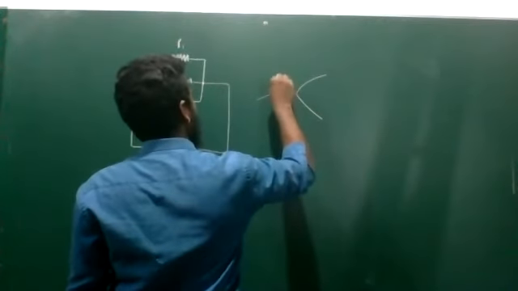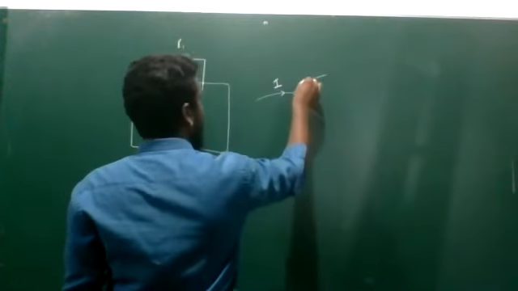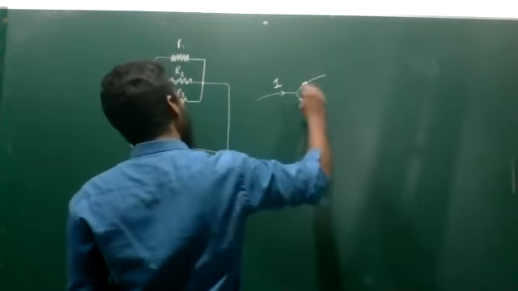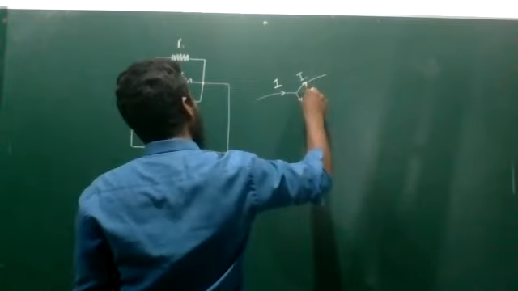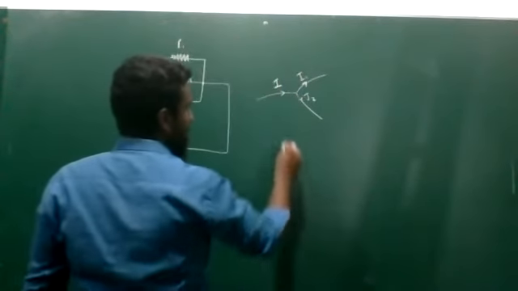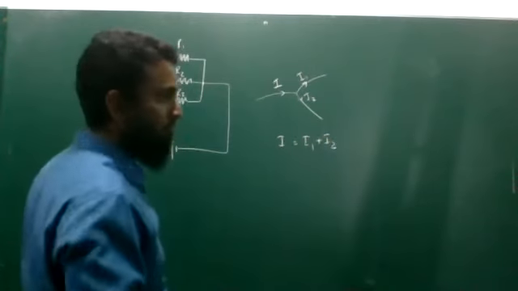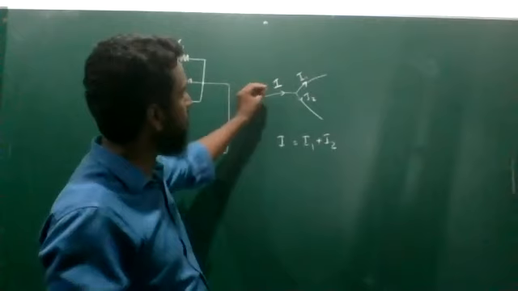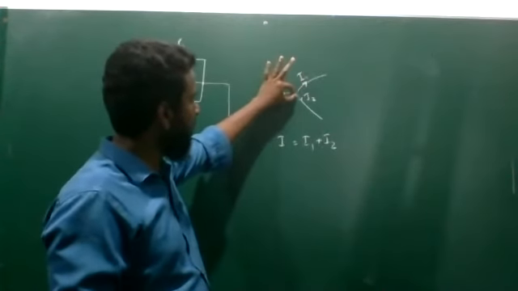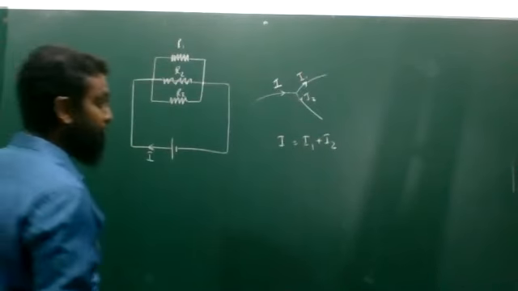That is, if a current I is flowing towards a junction, and if the currents going away from the junction are I1 and I2, the sum of the current going from the junction is going to be equal to the sum of the current coming towards the junction, which means I is going to be equal to I1 plus I2, right? The sum of the current which comes towards the junction is equal to the sum of the current which is going from the junction. That is Kirchhoff's law.